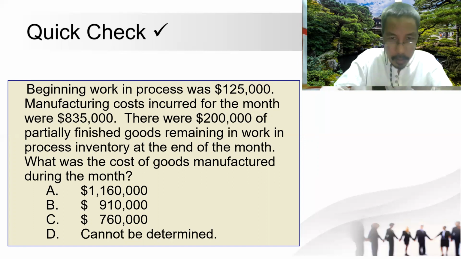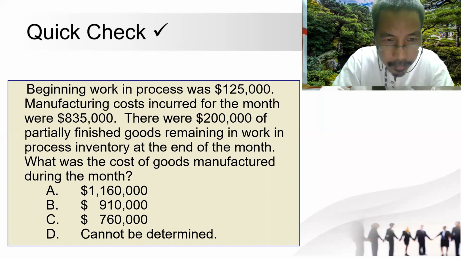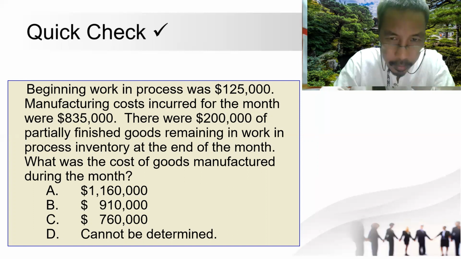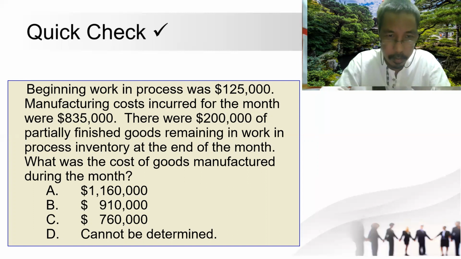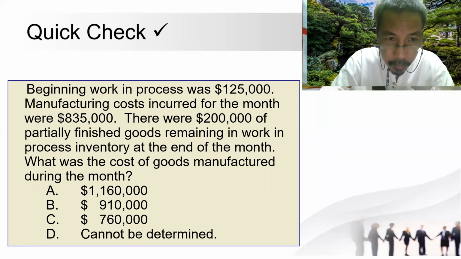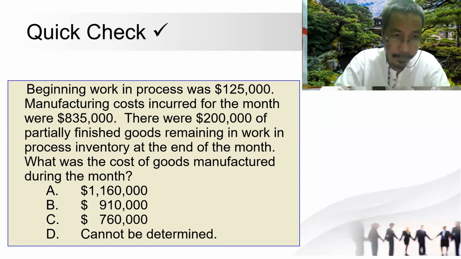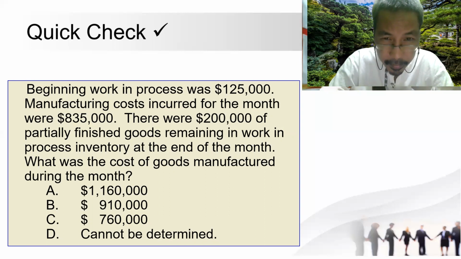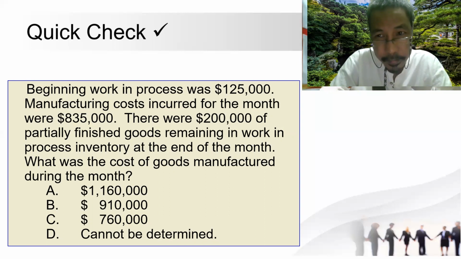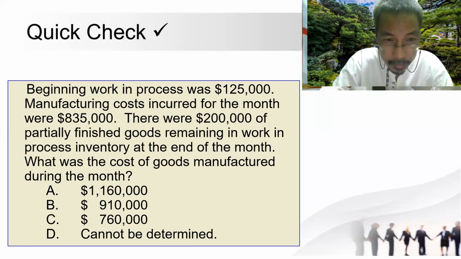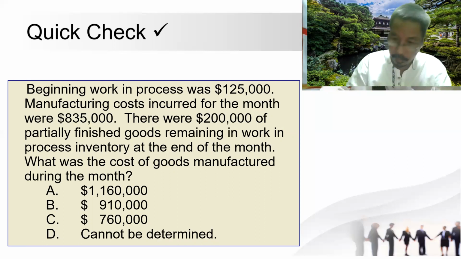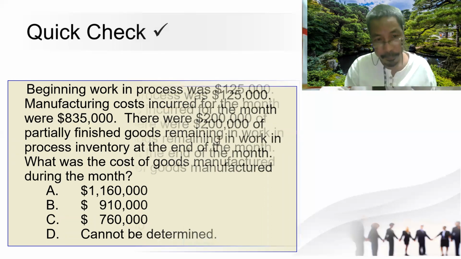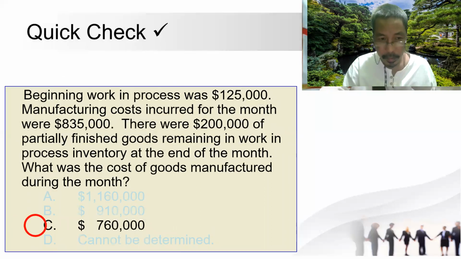So 125, let us add 125 to 835, that is what? 960. 960 minus 200, 760. So 760. Okay, that is the answer.